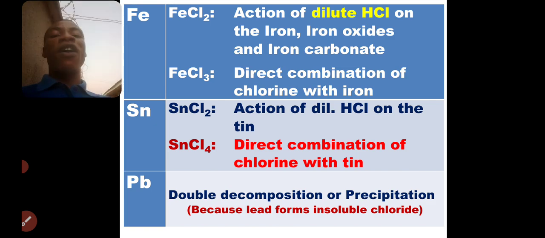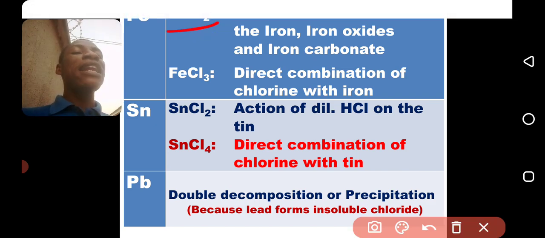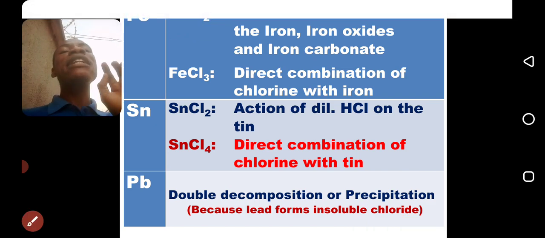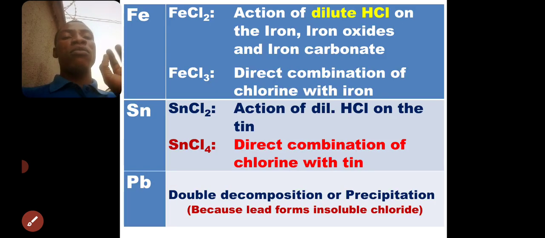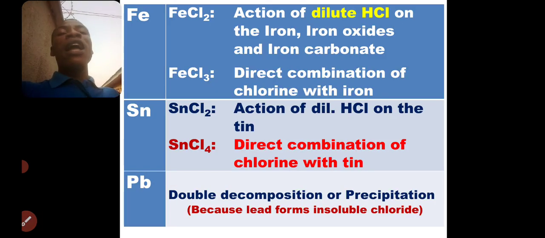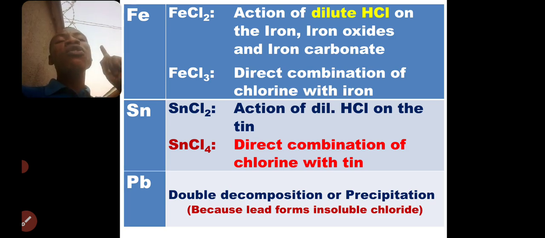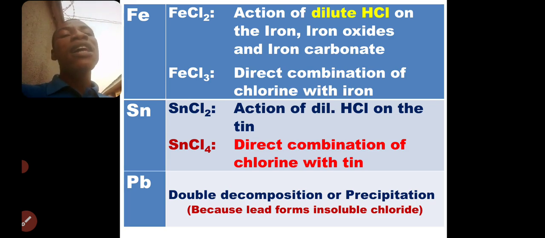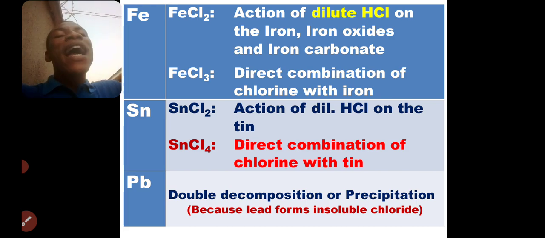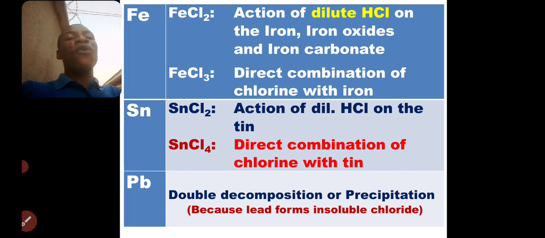In the case of FeCl2 and FeCl3, whenever a metal can form two chloride salts, the one with the lower oxidation number, like FeCl2, will be formed by reaction with dilute hydrochloric acid, but the one with the higher oxidation number can only be formed by reacting the metal directly with chlorine. So that is what you see in the case of FeCl2 and FeCl3.